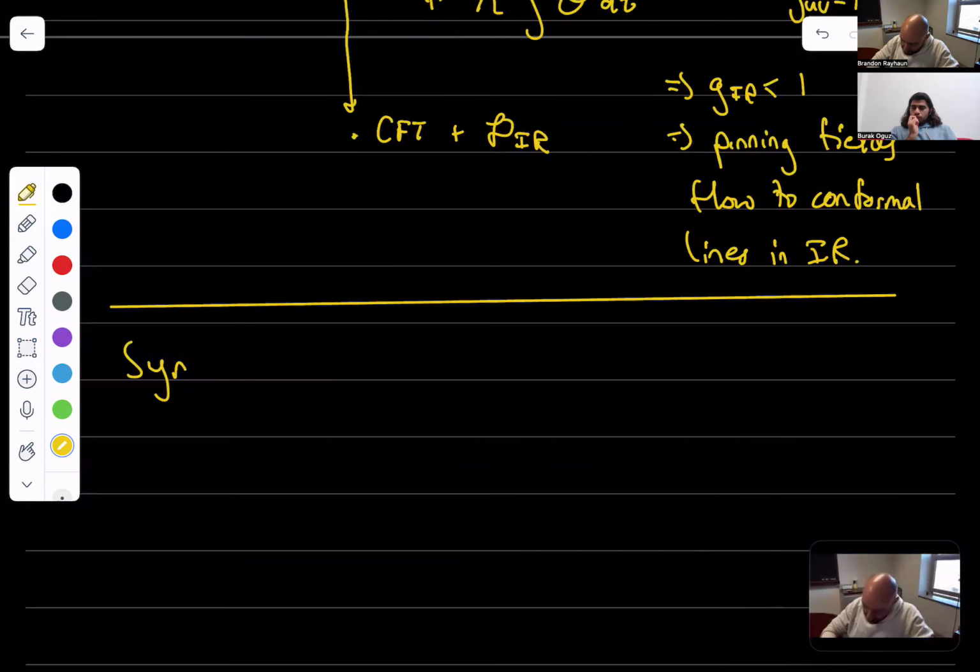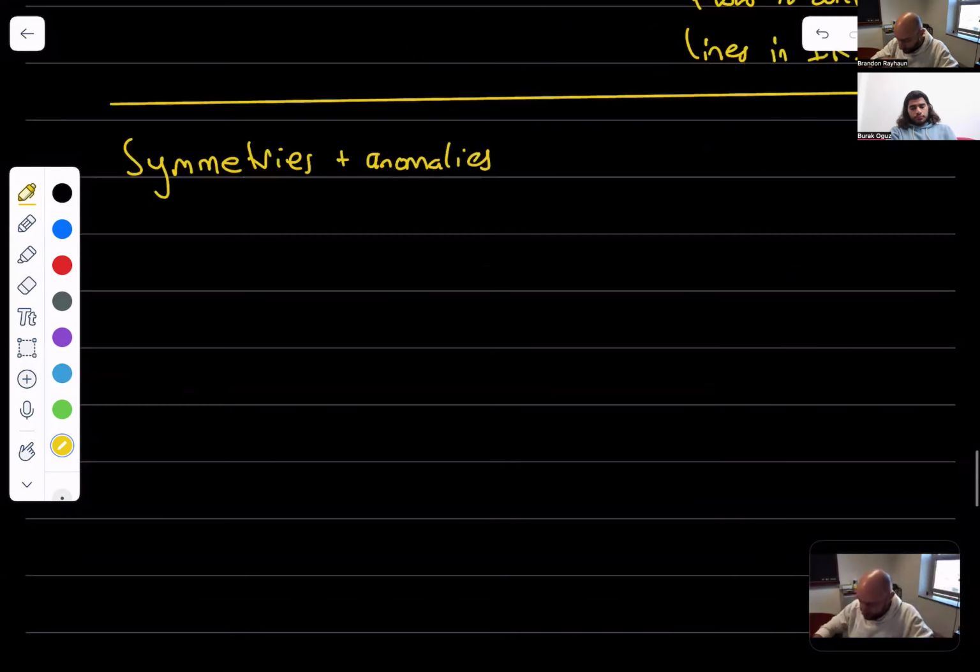So next I want to explain how to incorporate symmetries and anomalies into this game. So let's, for concreteness, specialize to 3 dimensions, bulk.